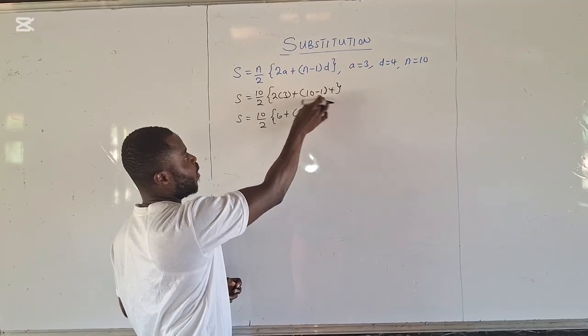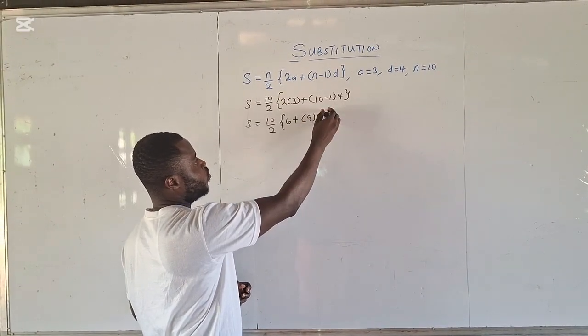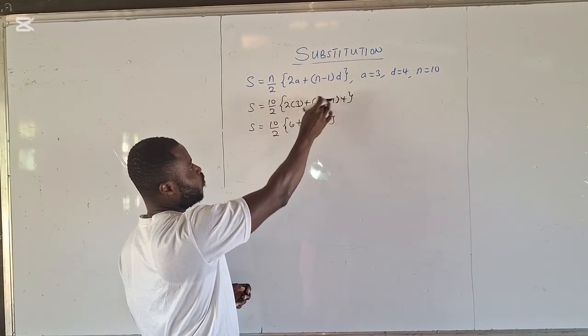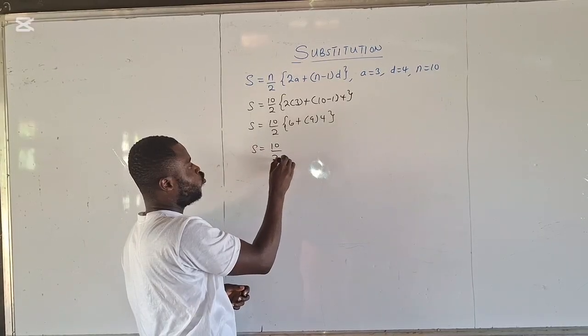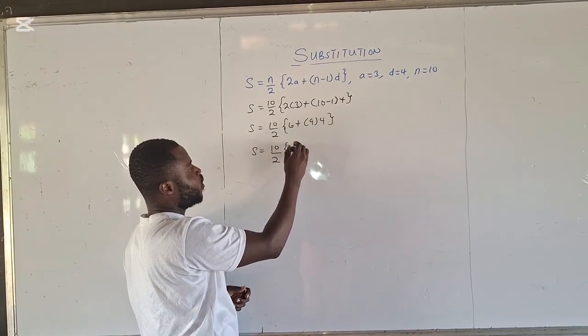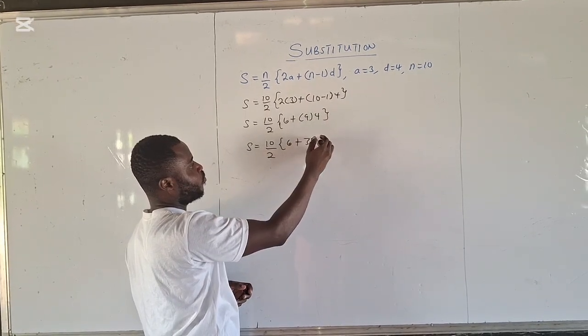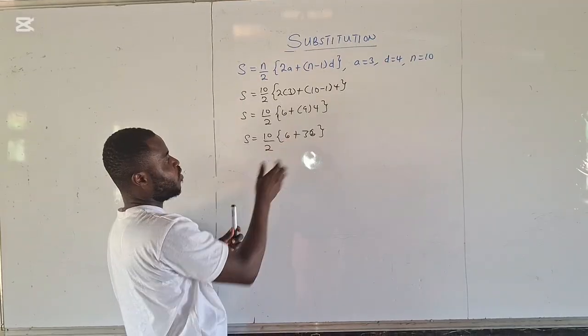This 4 is multiplying the element here, so you make sure you maintain the bracket here to be able to multiply. So now we have eliminated this bigger one, we've gotten a simpler bracket here. So we have 10 on 2, now bracket open 6 plus 9 times 4 is 36. So we have eliminated the smaller bracket, now we have the bigger bracket.